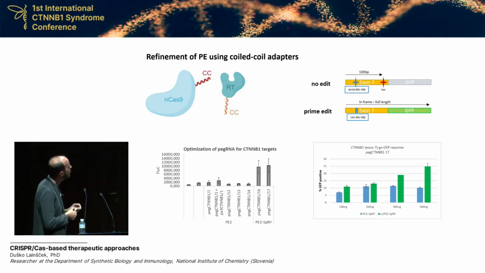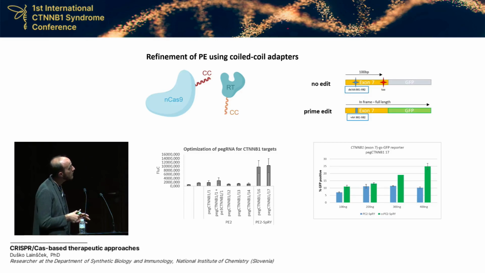Firstly, we designed a lot of pegRNAs, and they were tested in two different Cas9 prime editor systems. Upon defining the two pegRNAs that work best, we extrapolated that to HEK cells, which were then transfected with prime editors and this reporter plasmid system.